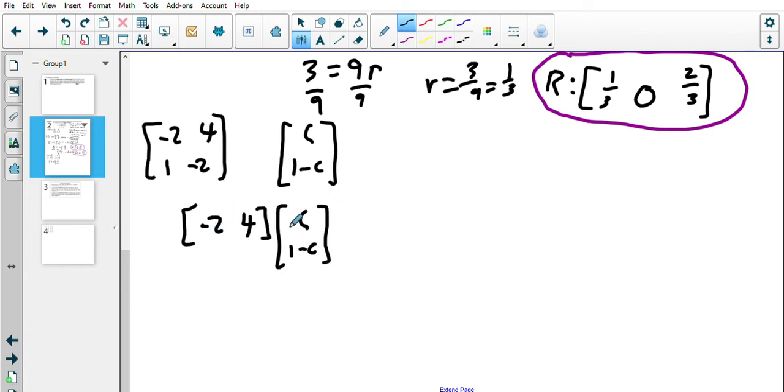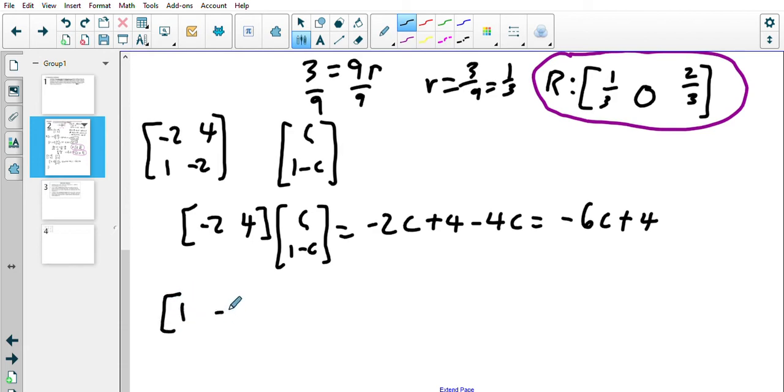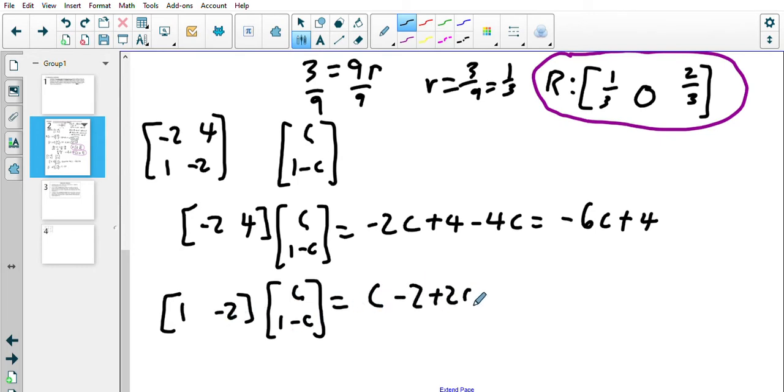That'll give us -2 times C, -2C, and 4 times 1 minus C, plus 4 minus 4C, or -6C plus 4. Then we'll play our column strategy against the second row. We get 1 times C is C, -2 times 1 minus C is -2 plus 2C, or 3C minus 2.